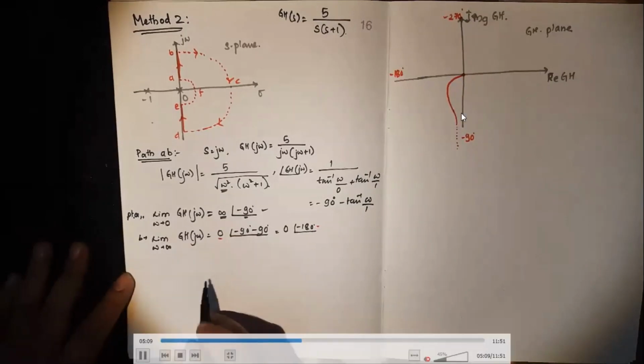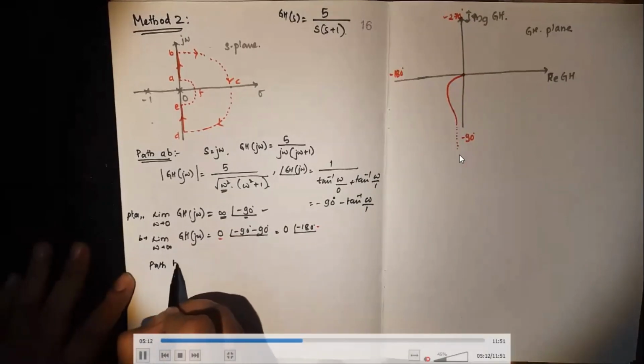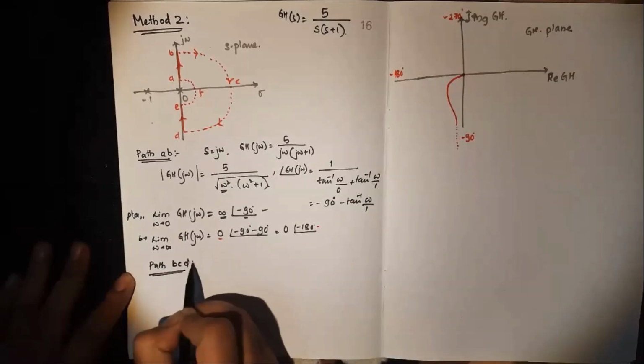This is the mapping of AB, which we can also call A dash B dash.